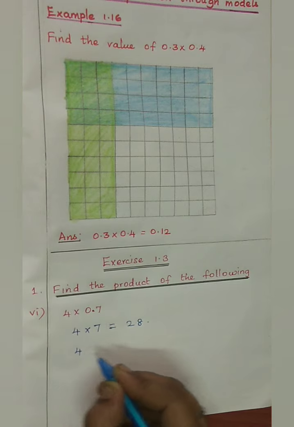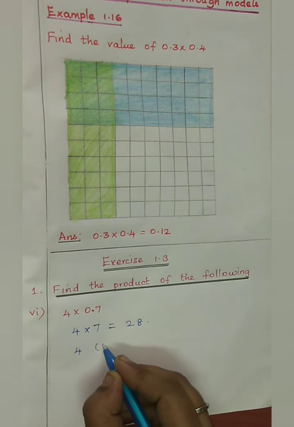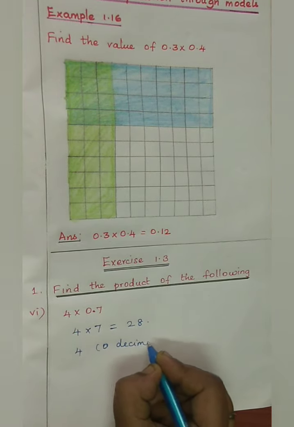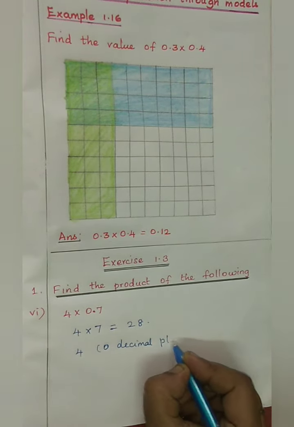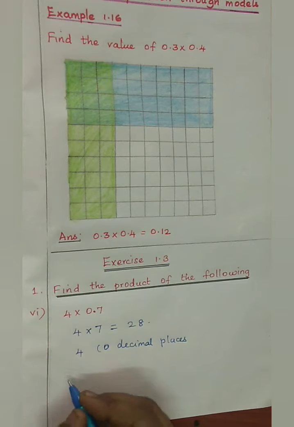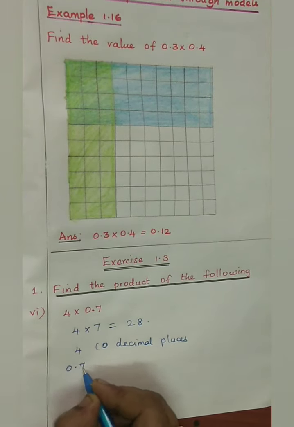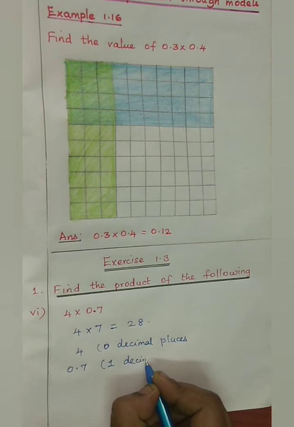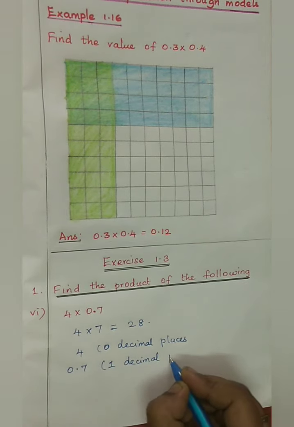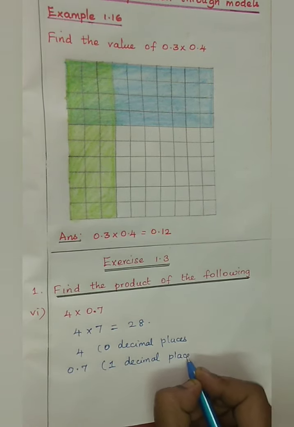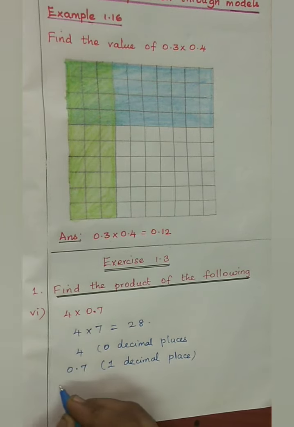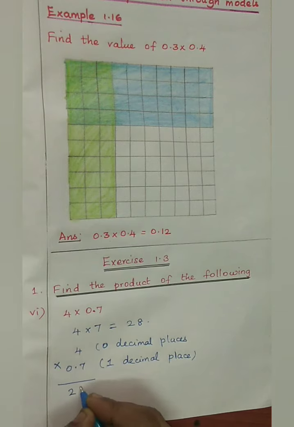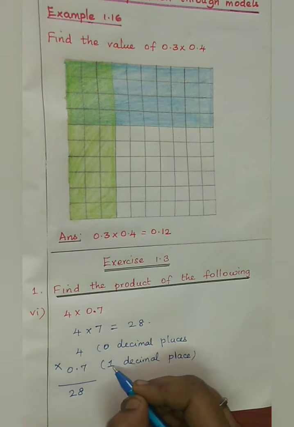In 4, how many decimal places do we have? 0 decimal places. And in 0.7, how many decimal places do we have? 1 decimal place. So when we multiply these two, we got 28. So totally 0 plus 1, 1.